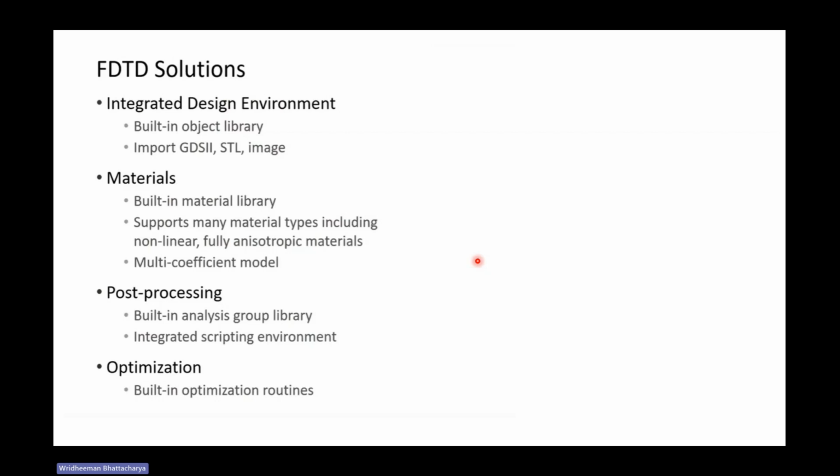After that, it gives us the post processing. It gives us a built-in analysis group library and an integrated script environment. With that, it offers optimization routines of various kinds.